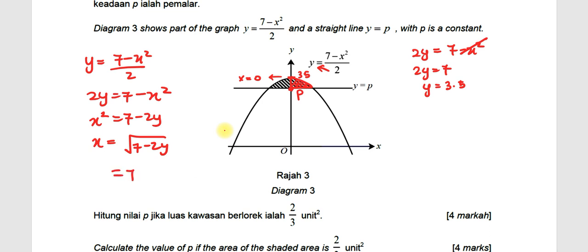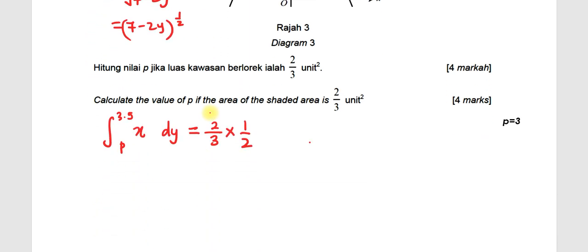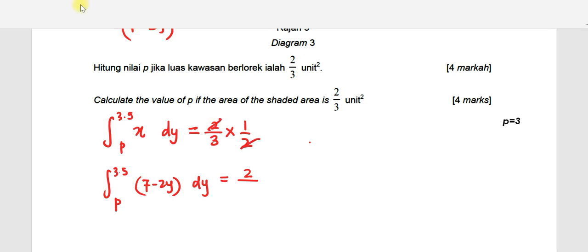And you also can write that as power 1/2. Correct? So the integral from 3.5 to p of (7 minus 2y) dy is equal to 2/3. Half of 2/3 is how much? Okay, do the multiplication. 2 over this 2 and cut, 1/3.